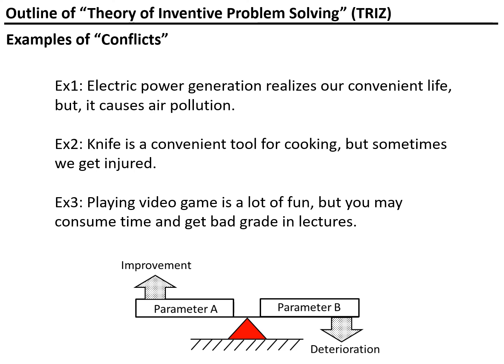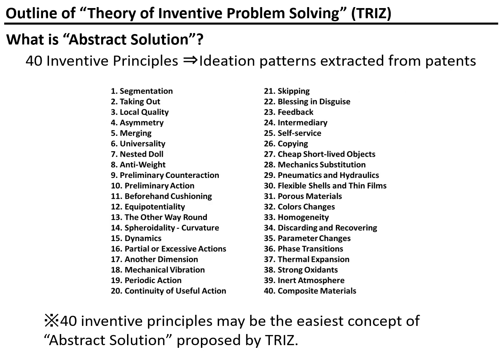You are actually improving the parameter of enjoyment by playing video games, but instead, another parameter, the grade, is deteriorated. You should notice all of these in this situation. Although all of them are obviously from different disciplines, all of them could be recognized as a problem with respect to the definition of problem made by TRIZ.